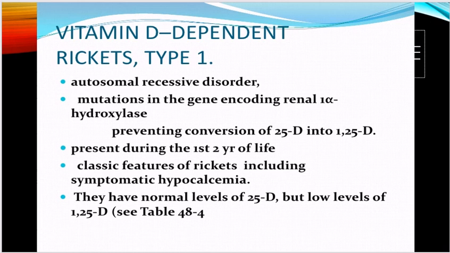The classic features of rickets include symptomatic hypocalcemia. They have normal levels of 25-dihydroxycholesterol but low levels of 1,25-dihydroxycholesterol.